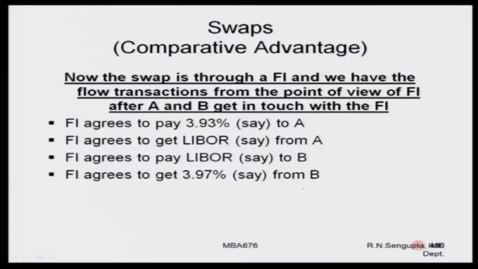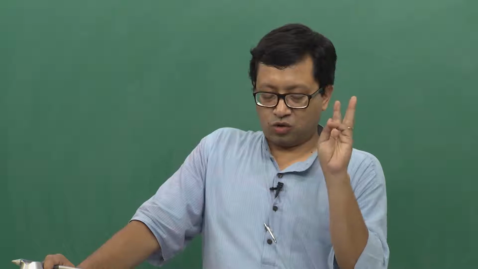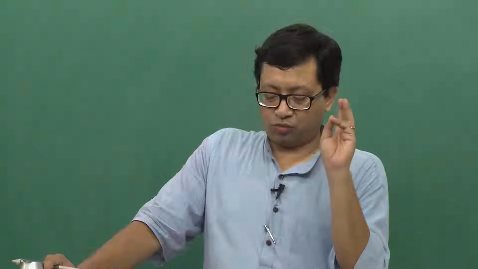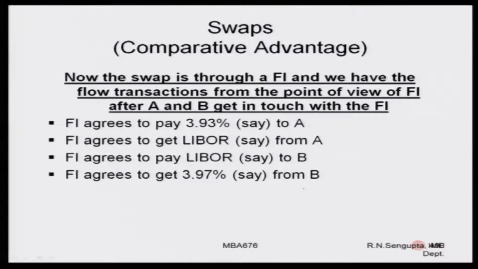Now, consider the case of only the FI. So, FI is in between. Obviously, there are four arrows, 2 going outside, 2 coming inside. So, FI agrees to pay 3.93 to A, FI agrees to get LIBOR from and pay LIBOR to the 2 parties A and B respectively, as written in point number 2 and point number 3, and FI agrees to get 3.97 from B. If you consider the overall transaction for FI, this LIBOR will cancel and 3.97 minus 3.93 is 0.04.